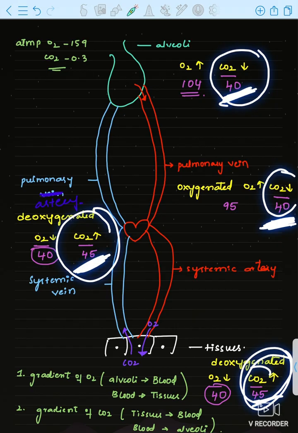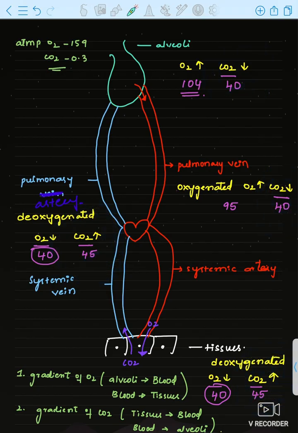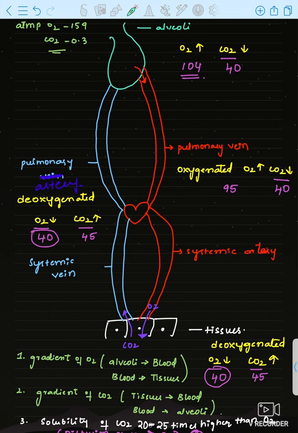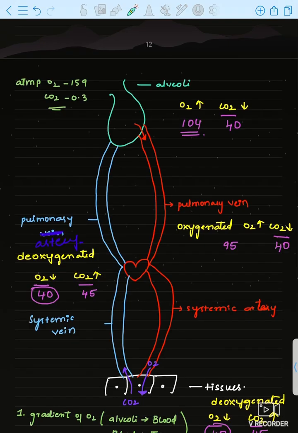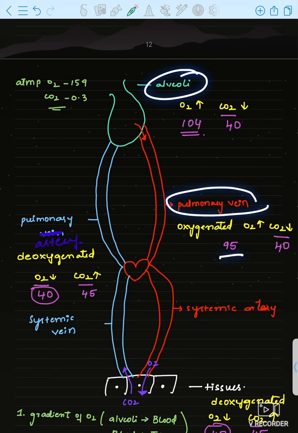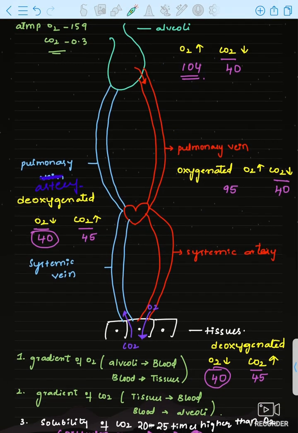Less CO2 value is 40, and wherever CO2 is more, there it will be 45. Okay, and wherever the O2 value is less, the least value will be 40. And here you can see O2 is more in the alveoli and pulmonary vein. In the pulmonary vein 95, in the alveoli 104. So once again let us recall.